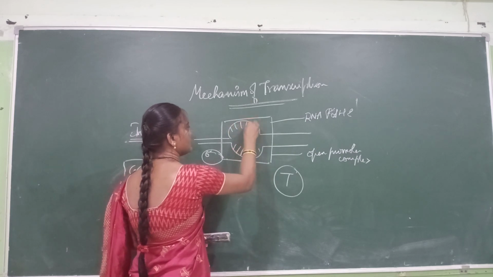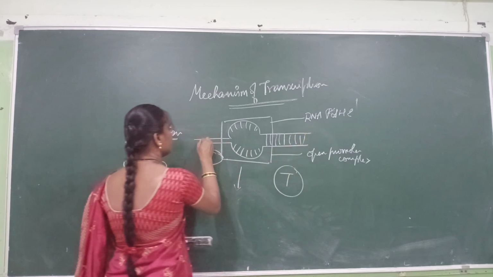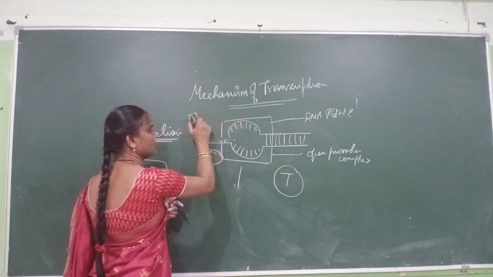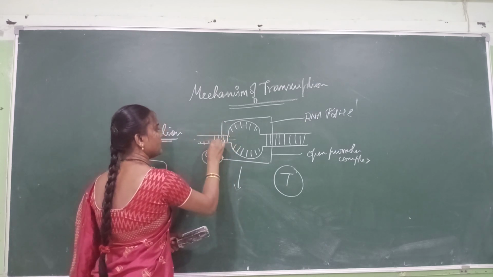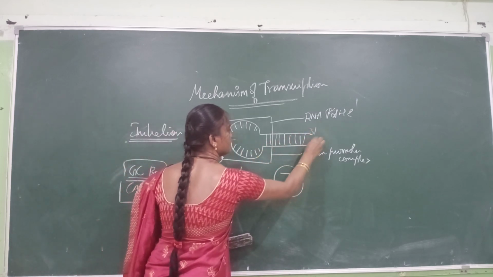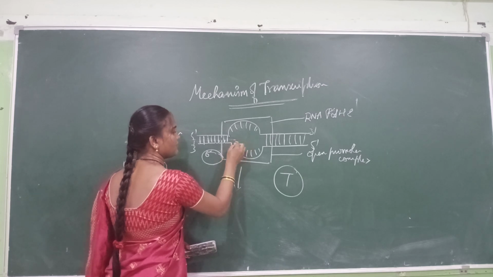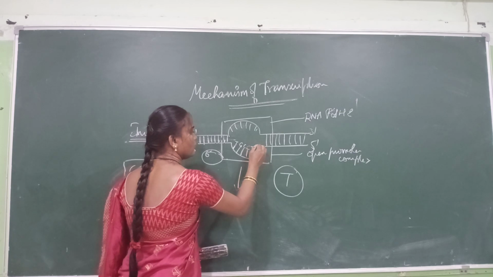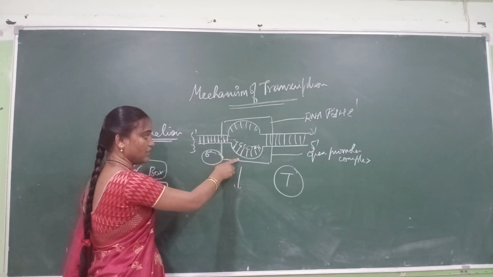So assume that these are the sequences of your DNA molecule, isn't it? These are the nucleotides present on your DNA strand, which runs in the opposite direction, and here you have thymine, guanine, cytosine, whatever may be present, adenine, thymine. So these are the sequences present on your DNA molecule.